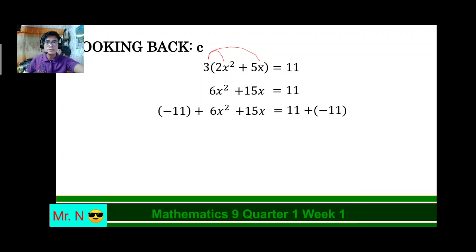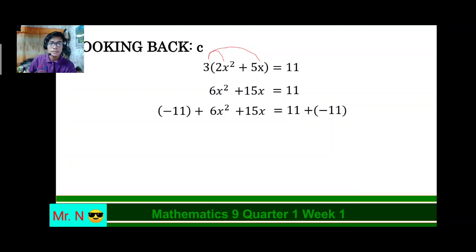So, in this case, you need to remember this always. Always arrange the terms in a certain expression, especially in a given equation, based on the exponent from highest to lowest.